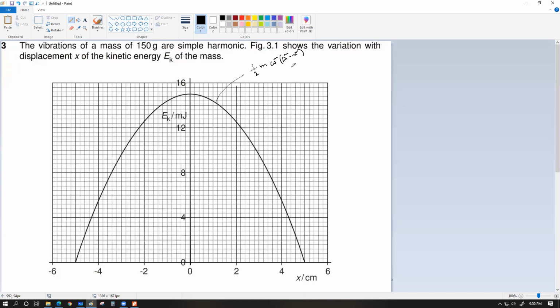Now, x in this case is the variable for how much oscillation is happening. If our maximum amplitude becomes smaller, this peak will gradually become smaller. But the defining equation would pretty much remain the same. You have the same value of m, you have the same omega, so you would have the same shape of the graph.